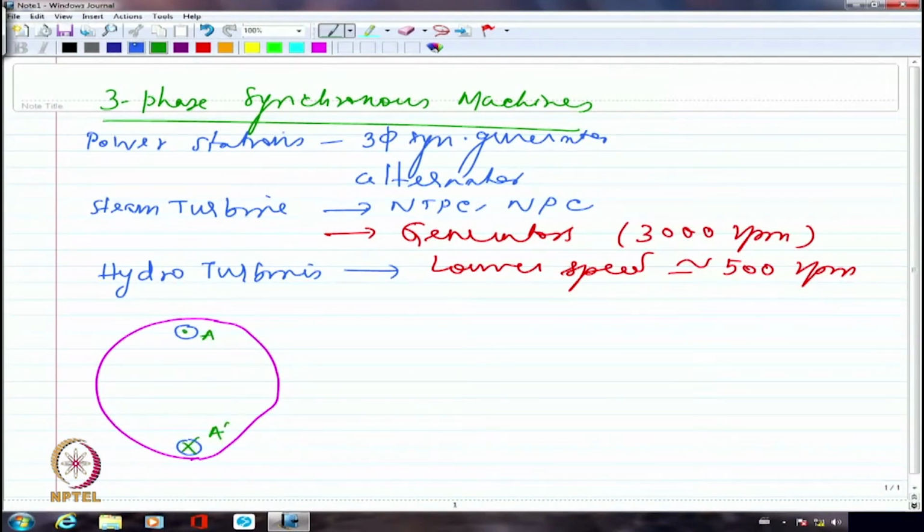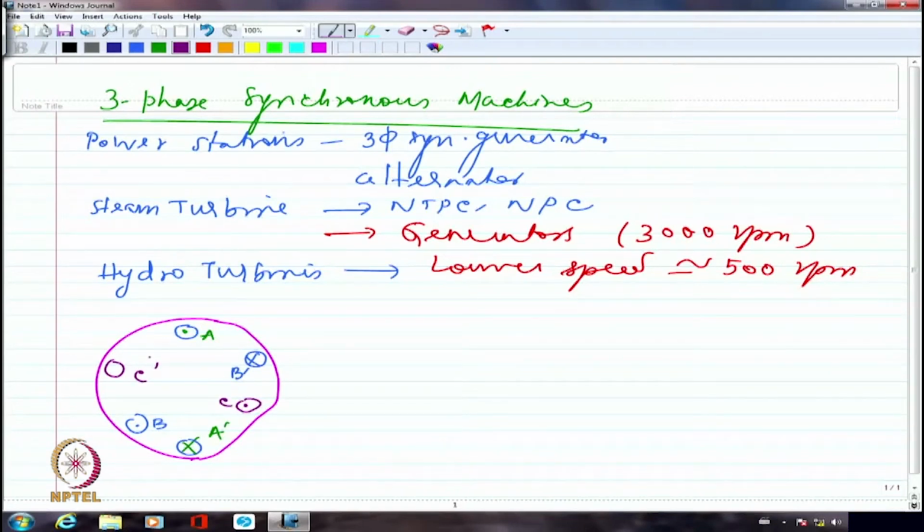I am going to have one more pair which is B and B dash. I am showing them as concentrated, but they are not concentrated. They will be distributed normally. Distributed meaning it is going to be distributed over several slots, but I am showing it as though it is concentrated. And the third one I am going to have C and C dash.